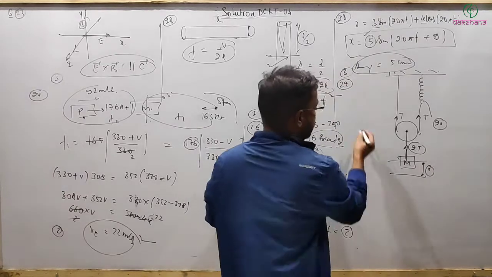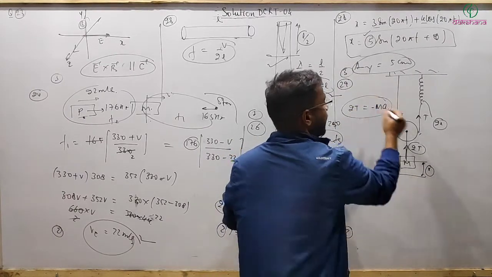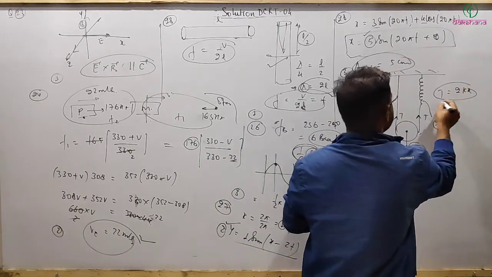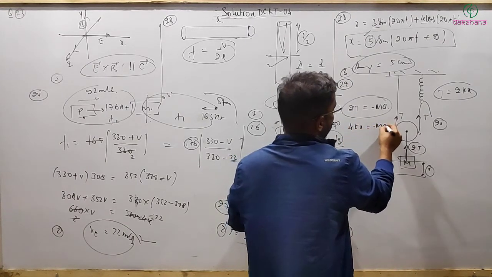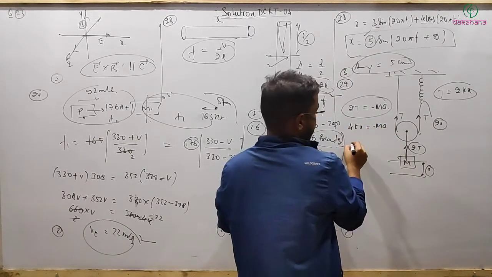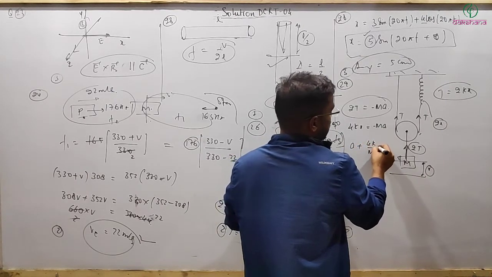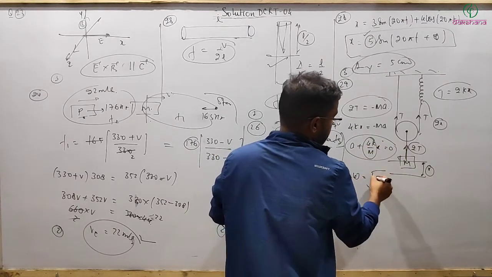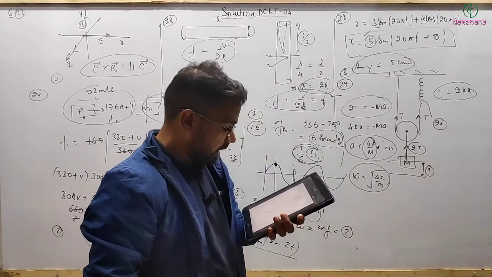So I can now write 2T will be equal to minus of m into a, the acceleration, and here T will be equal to 2kx. Substituting it here, that means 4kx is equal to minus ma, and this implies a plus 4k by m into x equals 0. Comparing it, omega is equal to root over 4k by m, which is what is basically being asked, the angular frequency omega.